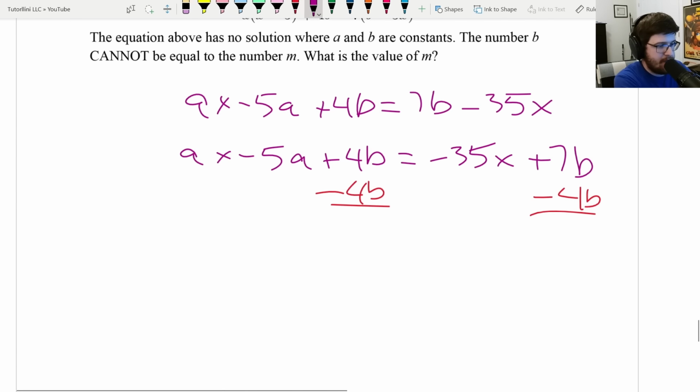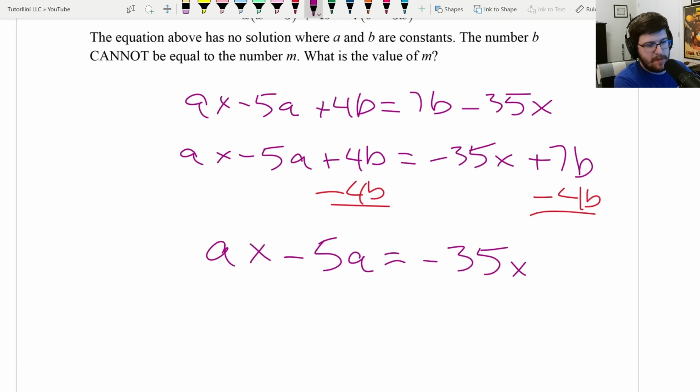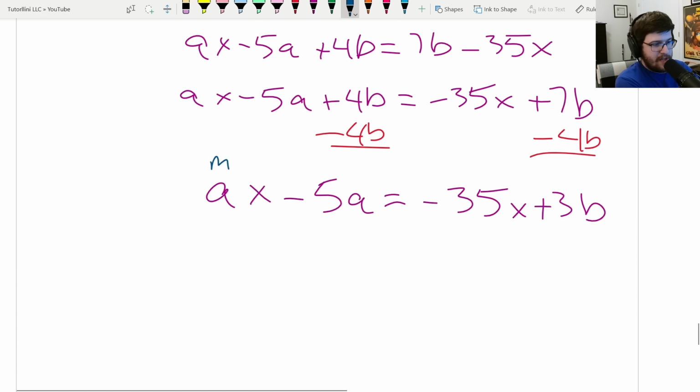So I get ax minus 5a equals negative 35x. 7b minus 4b is 3b. Great, and now that is our magic equation that we're going to use the concepts from the Ottocento video on.